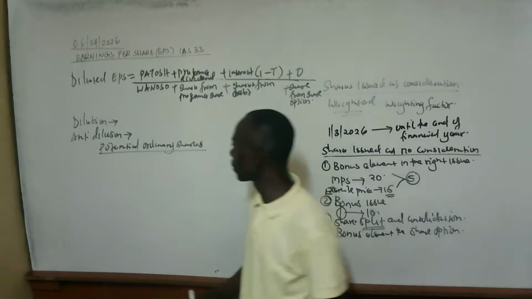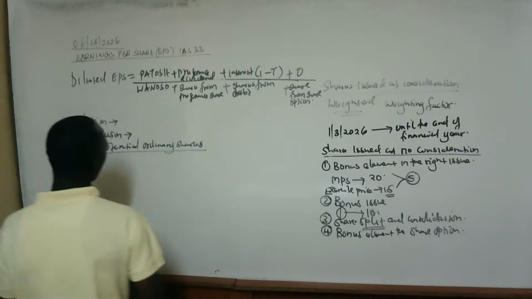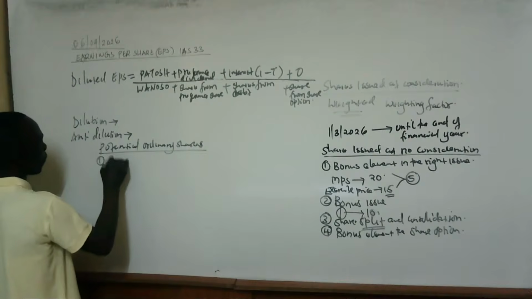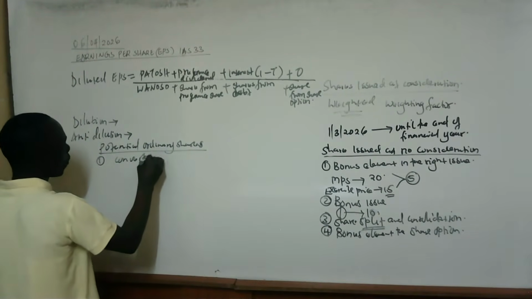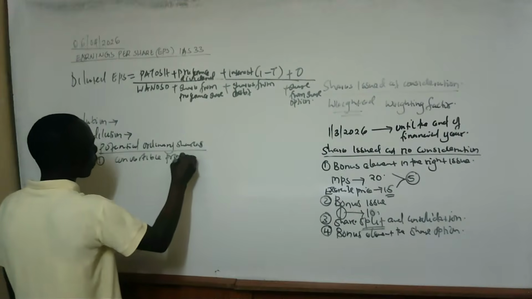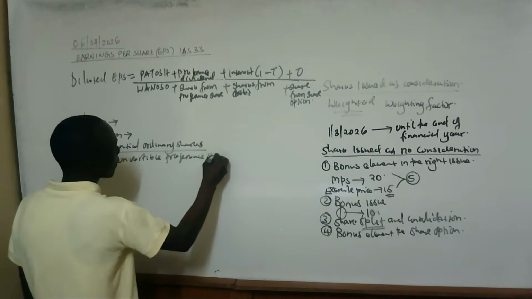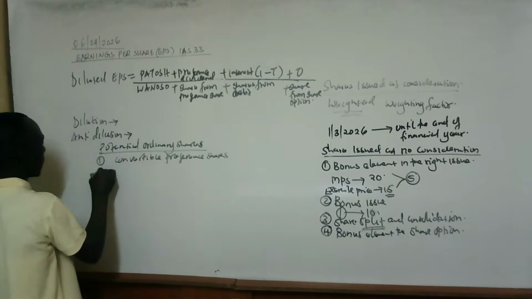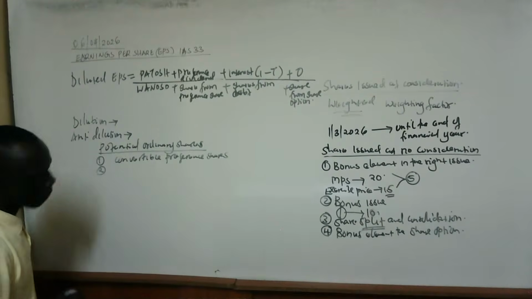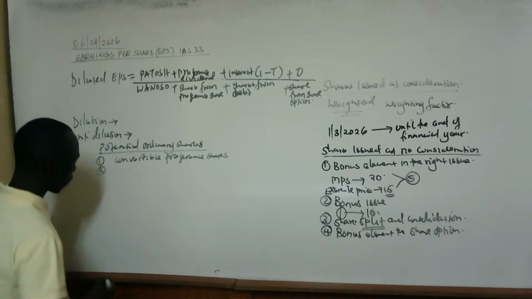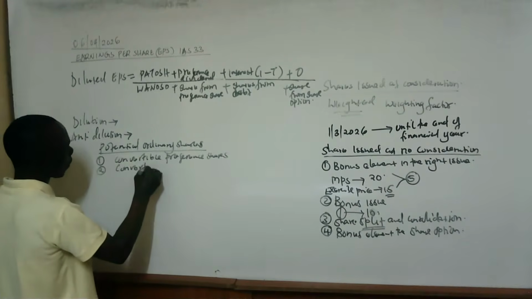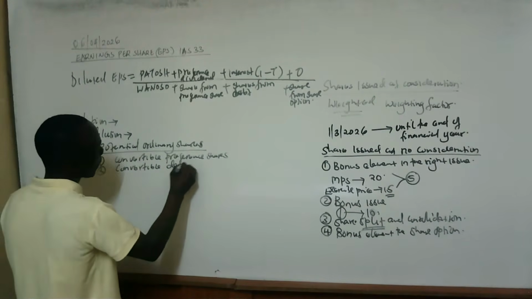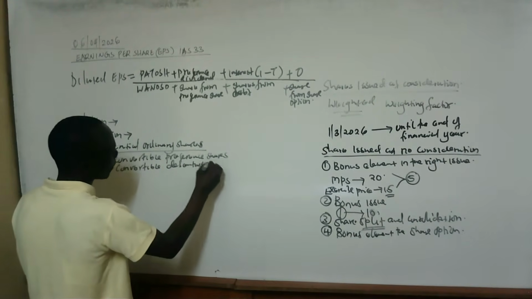Some examples of the potential ordinary shares: we have convertible preference shares. Other than that, we can also talk about convertible debentures.